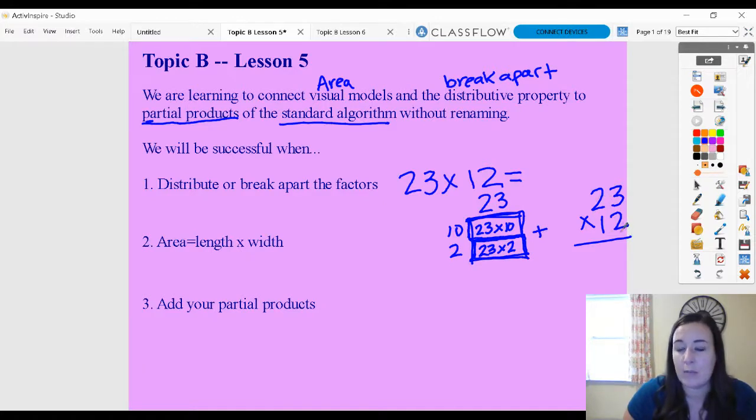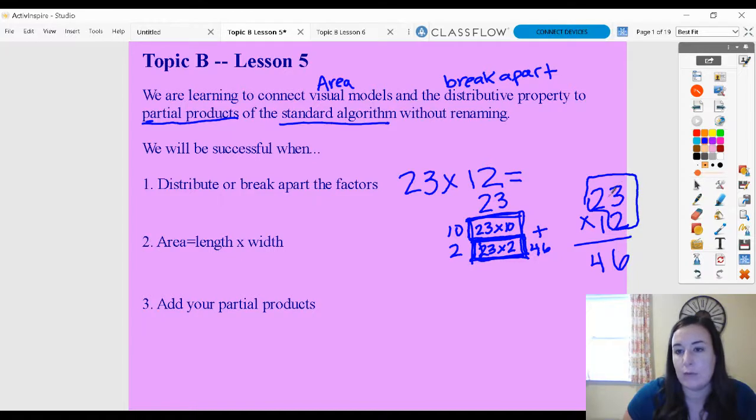And in this problem, if you look at it, what I'm actually doing is taking 23 times 2. First, I start with 3 times 2 and I get 6, 2 times 2 and I get 4. So 23 times 2, which is the first step of my standard multiplication, is basically what I'm doing right here. So I'm going to end up getting the exact same answer here.